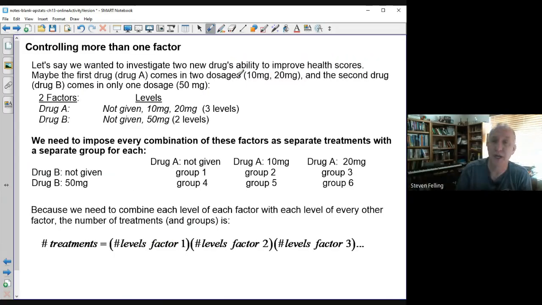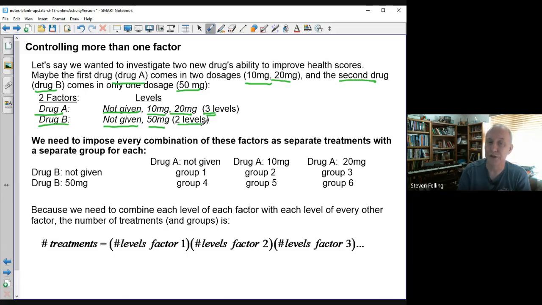Let's say that we had two drugs, drug A, which comes in two dosages, 10 milligrams and 20 milligrams, and then we had a second drug, drug B, that comes in one dosage, 50 milligrams. So maybe we have drug A and we want to try not giving it at all, 10 milligrams or 20 milligrams, which is 3 levels of that factor. Then we have a second factor, which is drug B, that we're going to either not give or give at full strength.